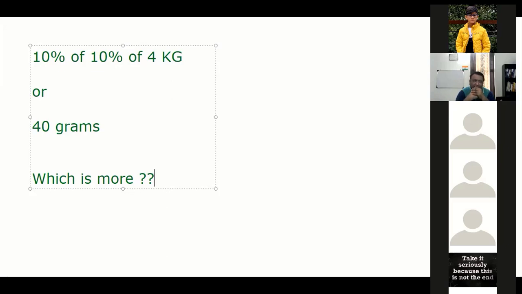Tanishka says equal. Okay, we'll wait for others.